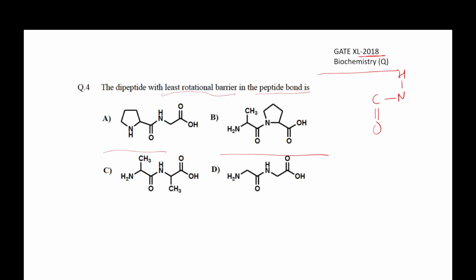But in case of proline, it forms a cyclic ring, like this. So if the peptide bond is formed between this carboxy group and the amino terminal of the proline, it looks like this.